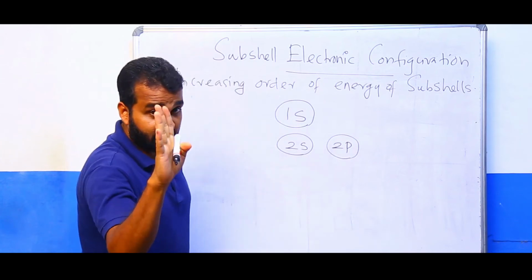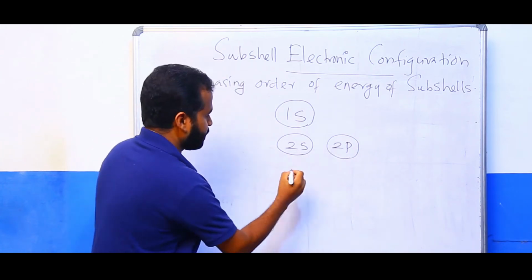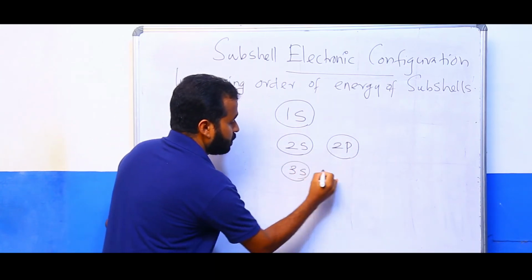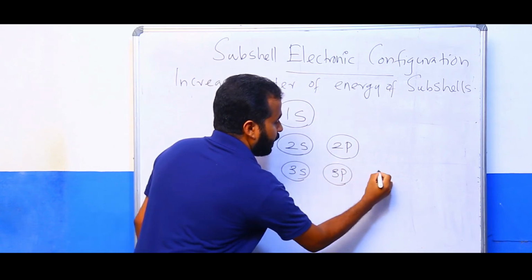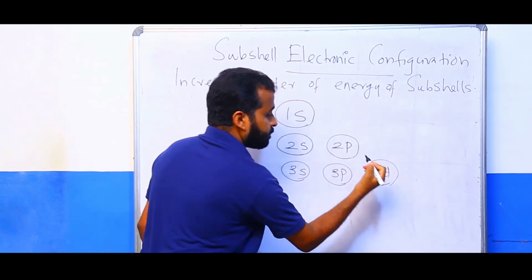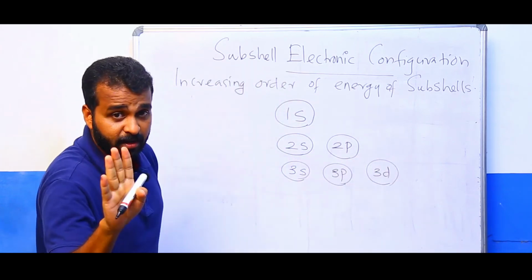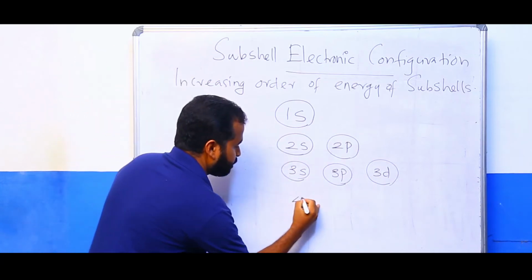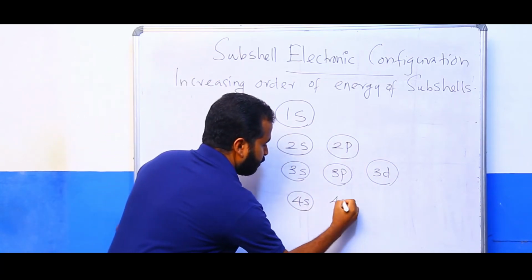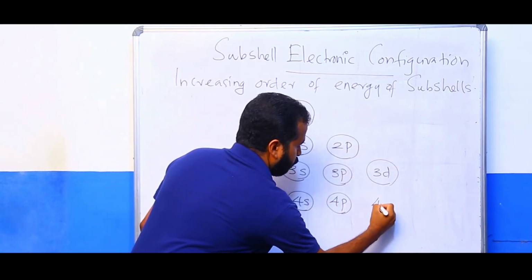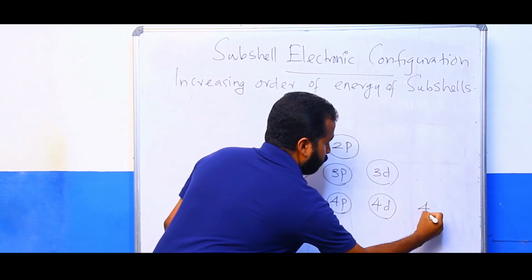Third shell has three subshells, 3S, 3P and 3D. The next, fourth shell has four subshells, 4S, 4P, 4D, 4F.